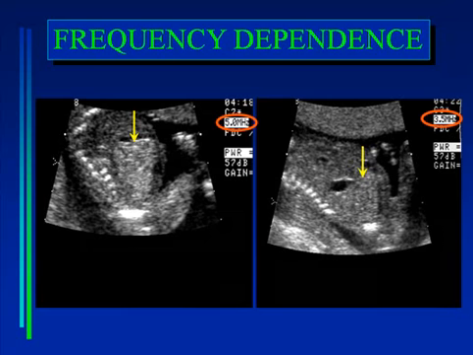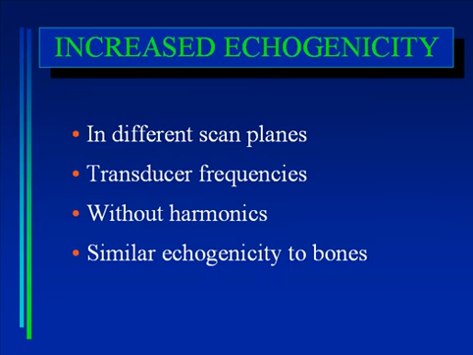And so if you're tempted to call echogenic bowel at endovaginal ultrasound, you should always look at transabdominal ultrasound. You should not call echogenic bowel just based on an endovaginal ultrasound scan, because it's very common for the bowel to look echogenic at endovaginal ultrasound.